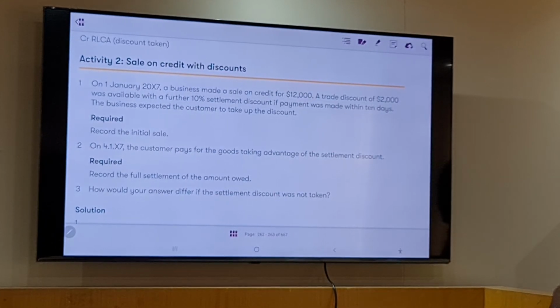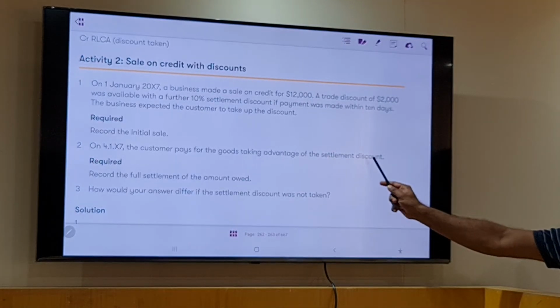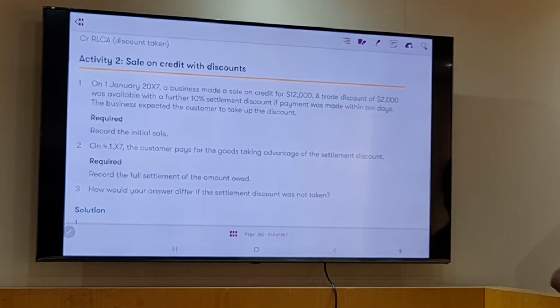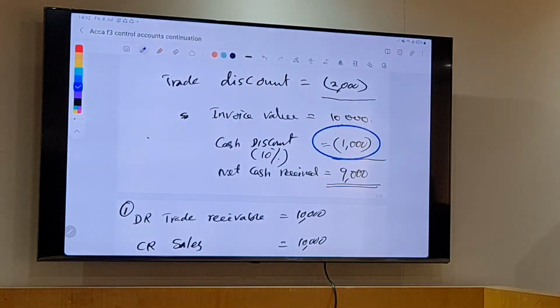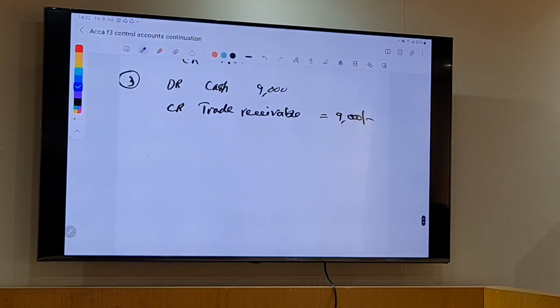Record the initial sale. Then what they say, on 4th January 2017, the customer pays for the goods taking advantage of the settlement discount. This is 1st January.